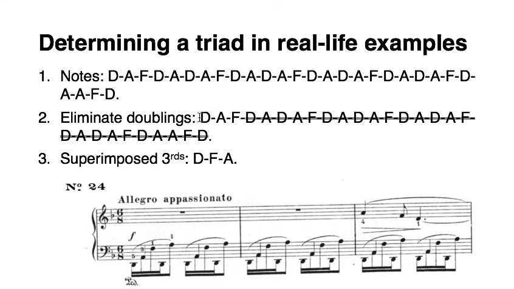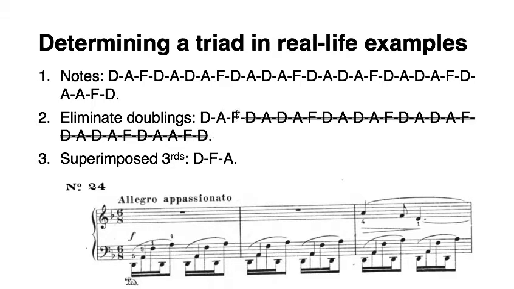Now, picturing D, A, and F, that is not a sequence of thirds. D to A, if you go ascending, is a perfect fifth, and A to F, if once again you go ascending, is a minor sixth. So we have to unscramble them so that they are thirds.